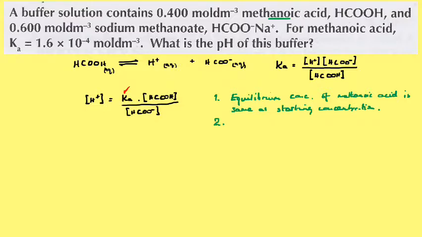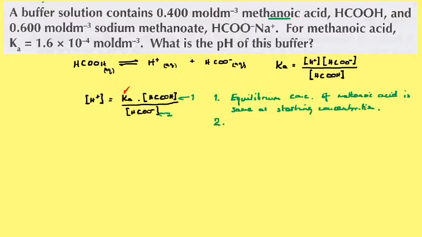Okay, and the second assumption we're going to make is about the methanoate ion concentration on the numerator. So that's assumption number one for the acid concentration, assumption number two for the methanoate ion concentration. Now, this is fully dissociated.